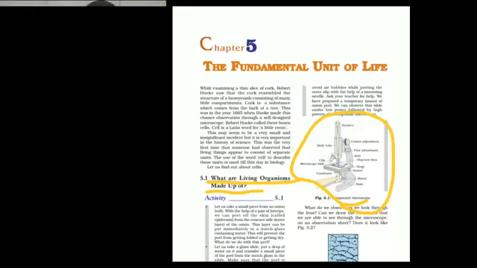A compound microscope is commonly used in the science lab to observe tiny objects. It uses glass lenses and visible light for observation. The magnification power of a compound microscope ranges from 100 to 1500 times.